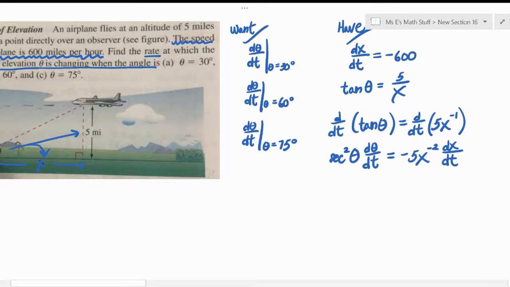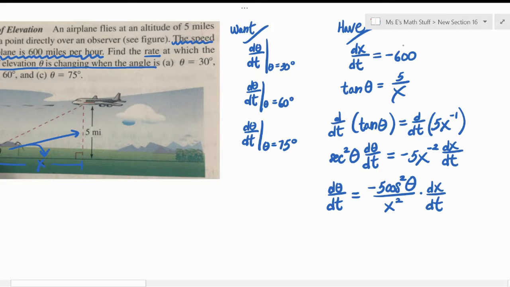All right, I'm going to solve for d theta dt. I'm going to multiply both sides by cosine squared theta, since secant is 1 over cosine. And so I'd end up with negative 5 times cosine squared theta over x squared times dx dt. There we go.